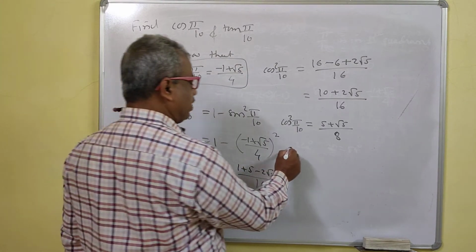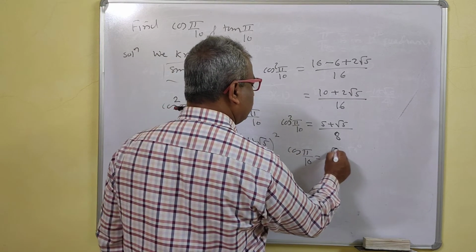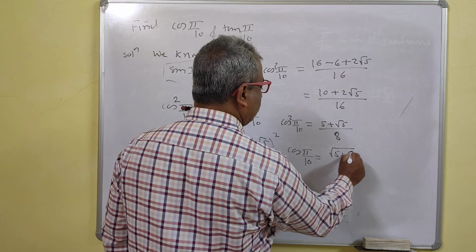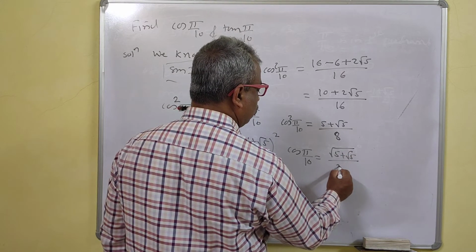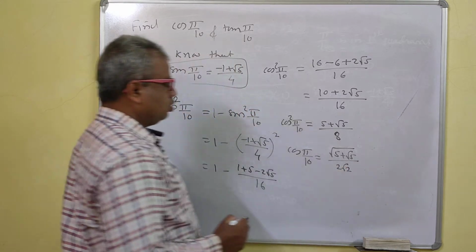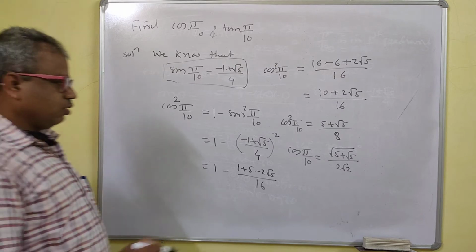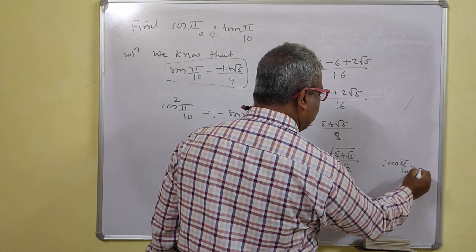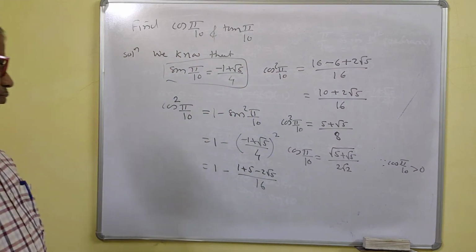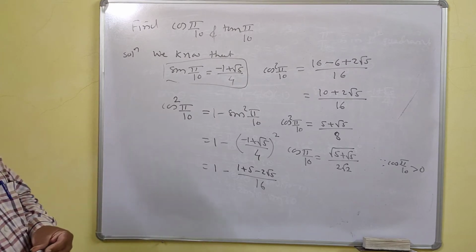So cos pi by 10 is positive, so we'll take the root of 5 plus root 5 upon 2 root 2. Now, since cos pi by 10 is greater than 0.